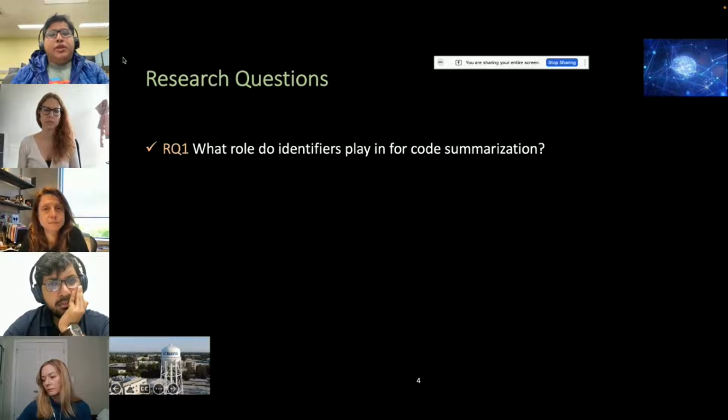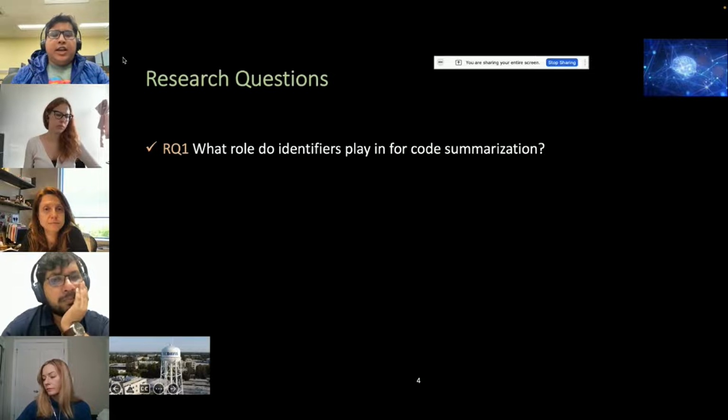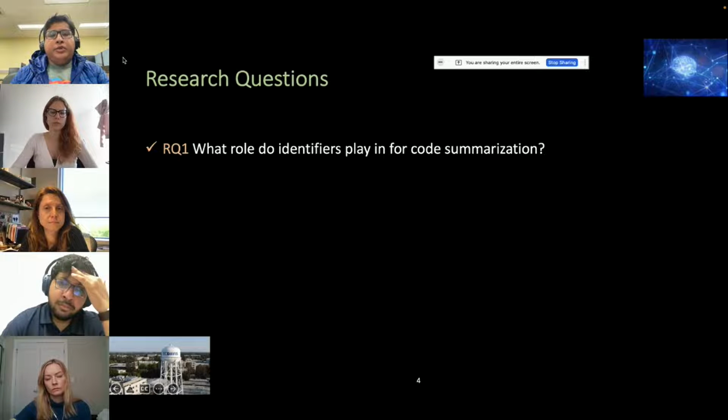The first one: what role do identifiers play in code summarization tasks? We observed that when we abstract out or drop the identifiers from the input, the performance of the deep learning models drops a lot. On the other hand, when we drop the syntactical tokens like the keywords and operators, the performance does not change much.